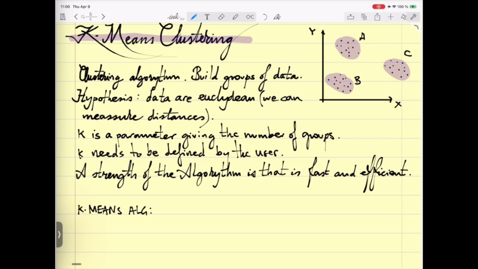After that, we will implement an example, and you will see it's actually quite easy. Step 0, decide the number of clusters given by k.